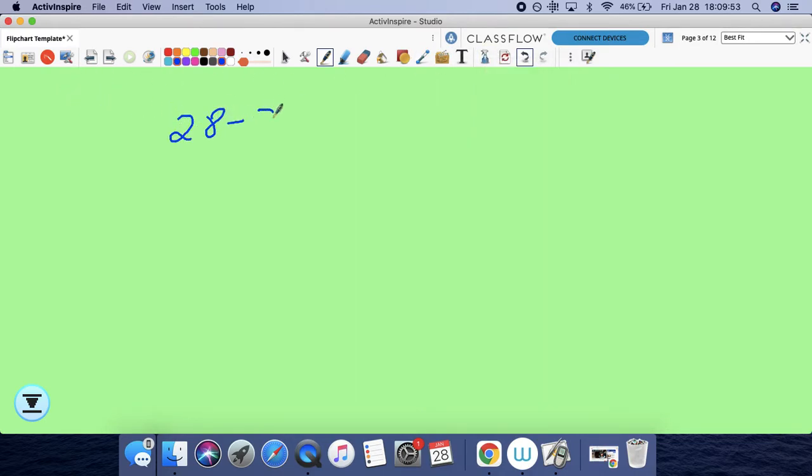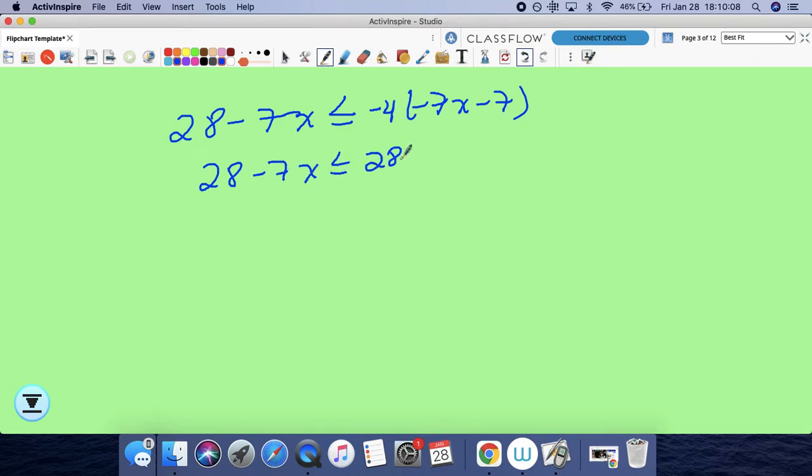28 minus 7x less or equal to -4 minus 7x minus 7. Okay, 28 minus 7x less or equal to 28 plus 28x. Right? Yep.